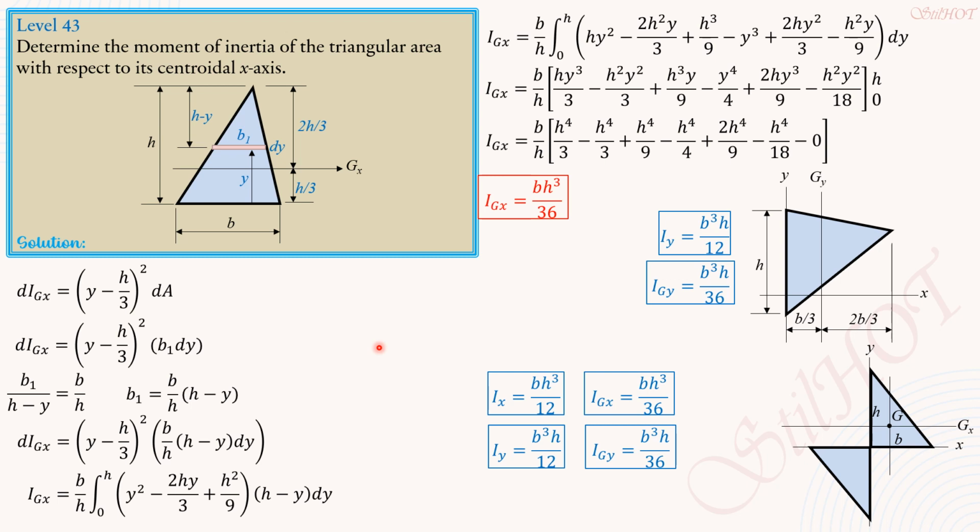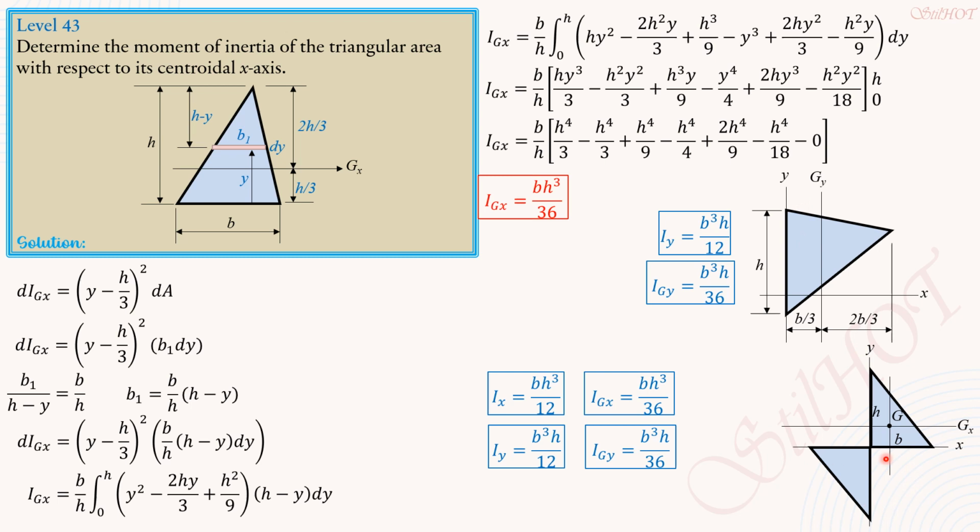So that's it, and I hope that you can recall the moment of inertia with respect to the centroidal axis of our rectangle: parallel to the base, bh cubed over 12, then perpendicular to the base, b cubed h over 12. Then for the triangle, with respect to the centroidal axis parallel to the base, bh cubed over 36, and with respect to the centroidal axis perpendicular to the x-axis, which is the y-axis, b cubed h over 36.